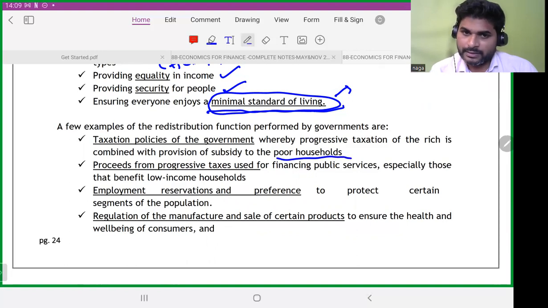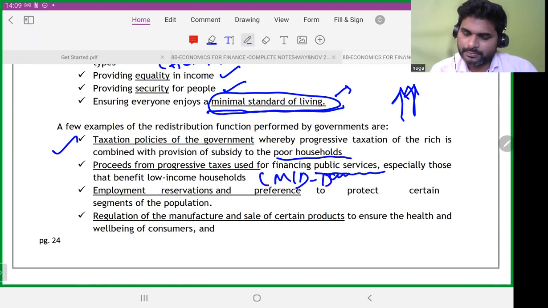With progressive taxation, as your income grows, you need to pay higher tax. That is one way of doing distribution. Second, proceeds from progressive taxes are used for financing public services, especially those that benefit low-income households, like schemes of midday meals.